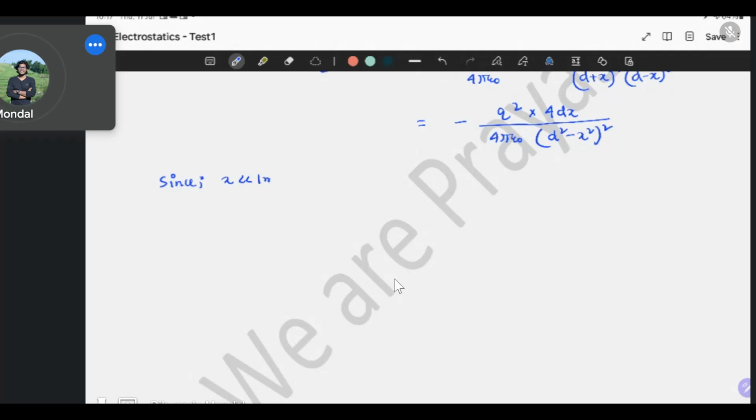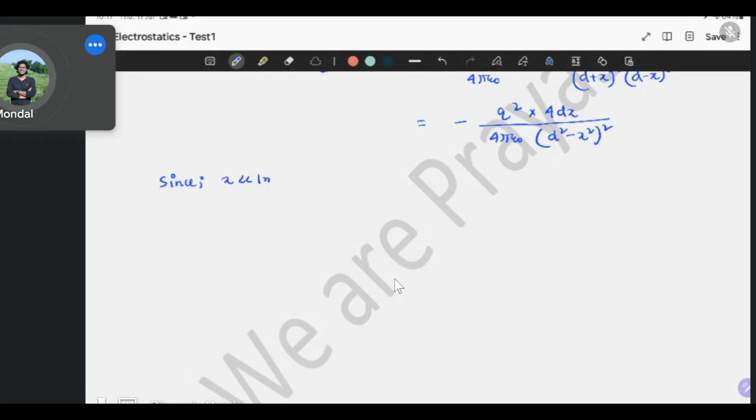So a is minus 4 q square divided by 4 pi epsilon naught m d cube times x. We can write that as minus omega square x.